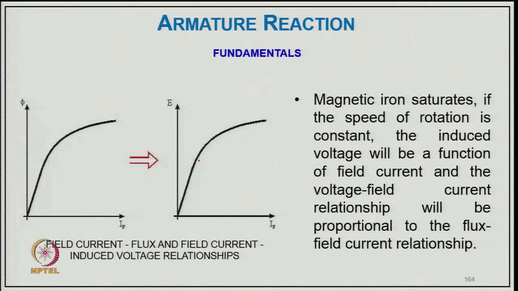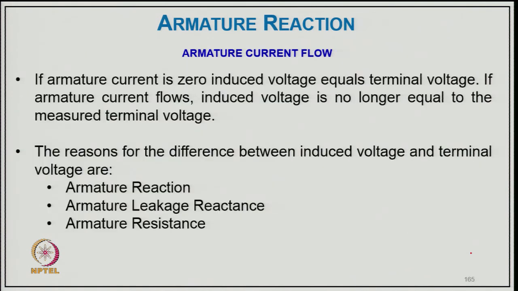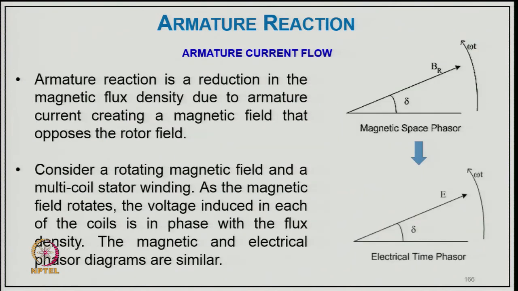So, magnetic iron saturates; if the speed of rotation is constant, the induced voltage will be a function of field current, and the voltage versus field current relation will be proportional to the flux versus field current relationship. If the armature current is 0, induced voltage equals terminal voltage, and if armature current flows, the induced voltage is no longer equal to the terminal voltage. The reasons for the difference between the induced voltage and terminal voltage are armature reaction, armature leakage reactance and armature resistance.